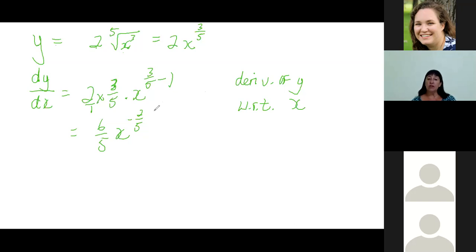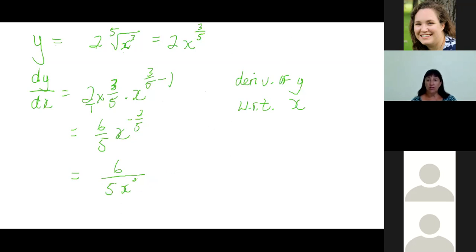However, we do not leave it with a negative power. So the first thing we have to do is dive. This automatically belongs to the top, to the 6, so we're going to dive it to the 5. So the 6 stays on top, and then the 5 gets the x to the plus 2 over 5. Just let me rewrite that.